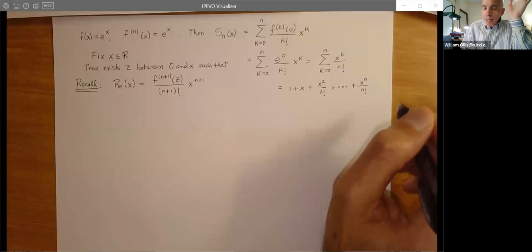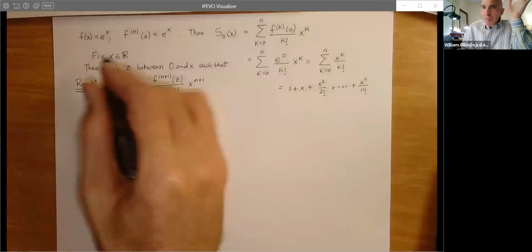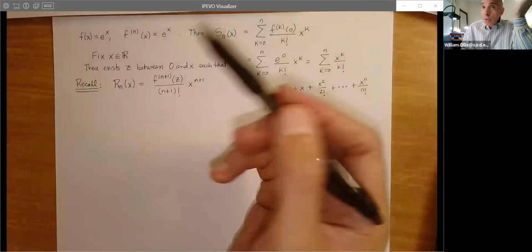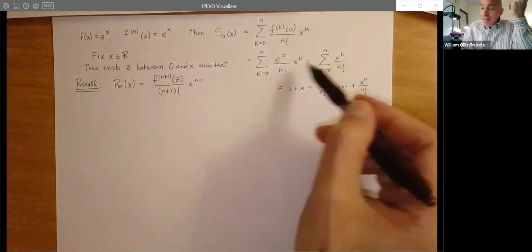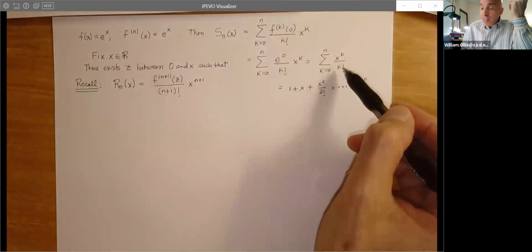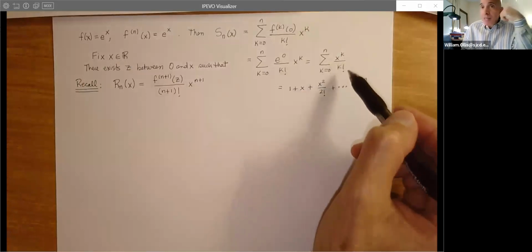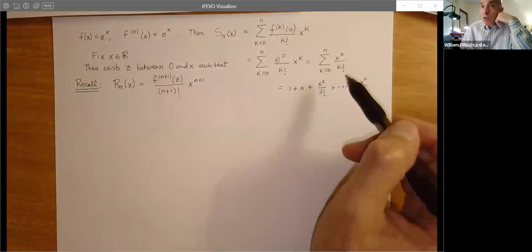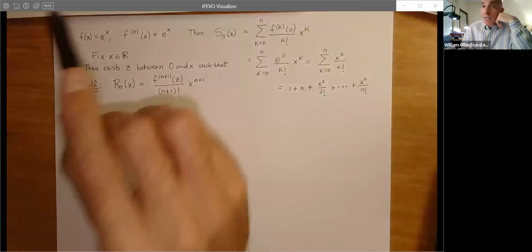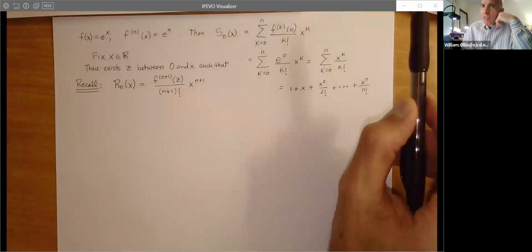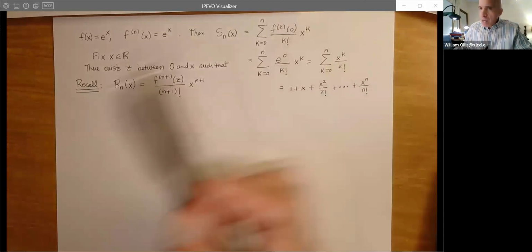What I'm doing now is taking that idea and asking: is it actually true that if we let n pass to infinity, this is actually the function e to the x? That's what I was saying in the theorem. And that's the subtle point that most students never get in this class. It's not surprising, because it's a mature concept to figure out.